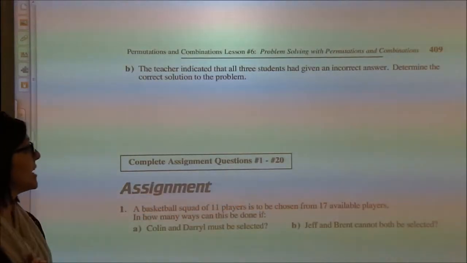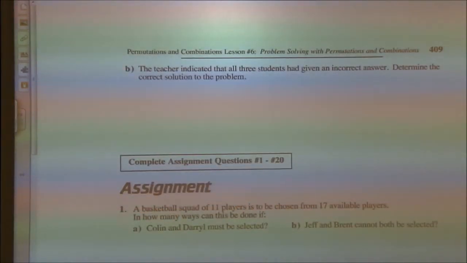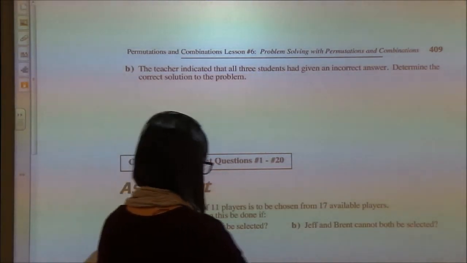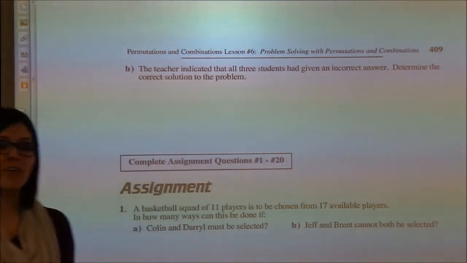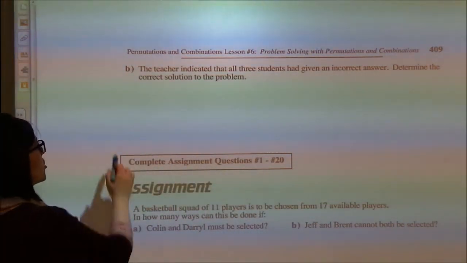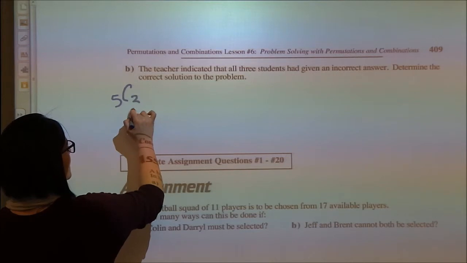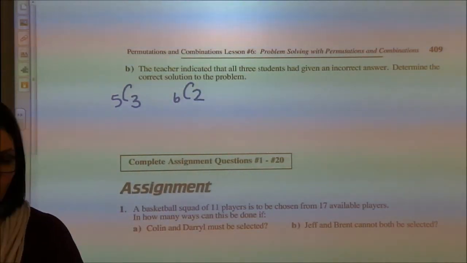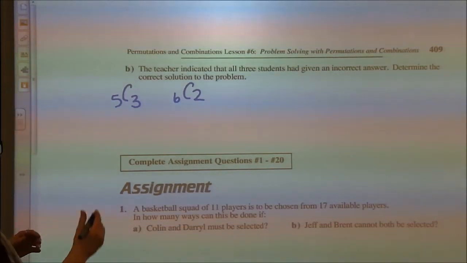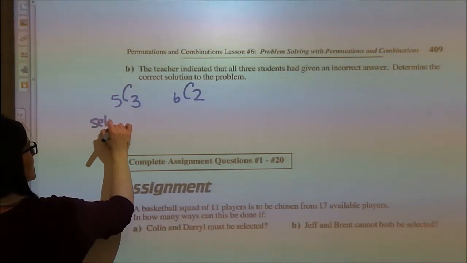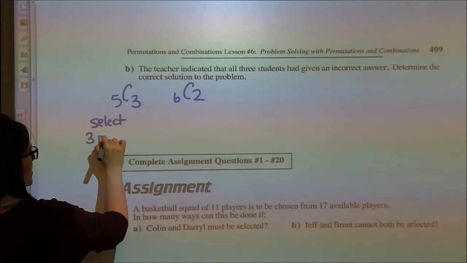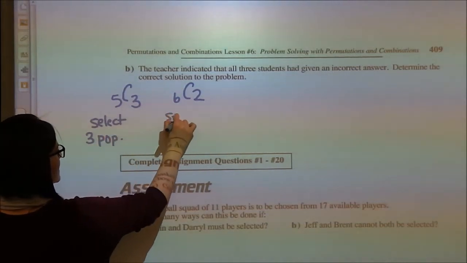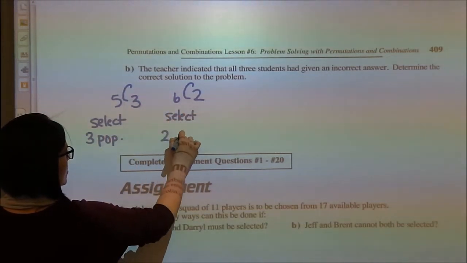So question B says all 3 students were wrong. How would I do this correctly? So to do this correctly, we actually start off with what Helen did. Her 5C3 and her 6C2 allow for the popular, so this selects 3 popular, and this is to select 2 classical.